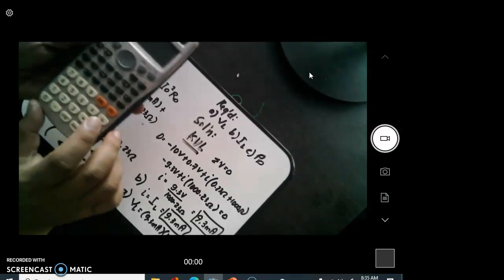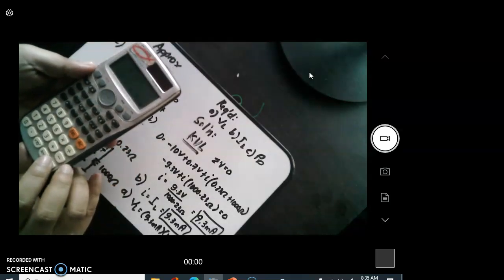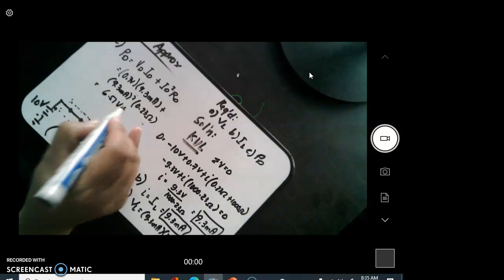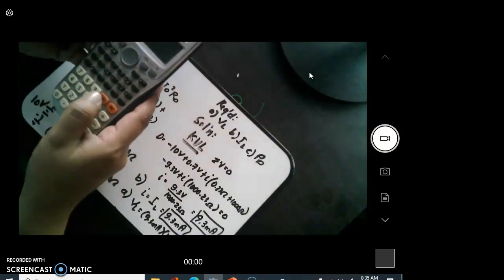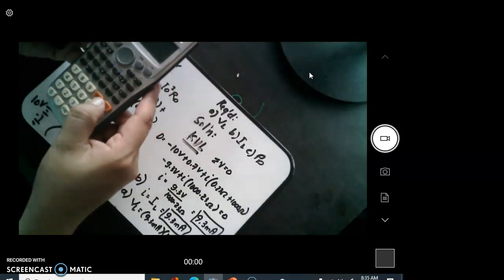Alright? So if we're going to solve that one, we have 9.3 milliampere multiplied with 0.7 volts. So we get now a value of 6.51. So we have 6.51 plus we have again 9.3 times 10 raised to negative 3, squared.